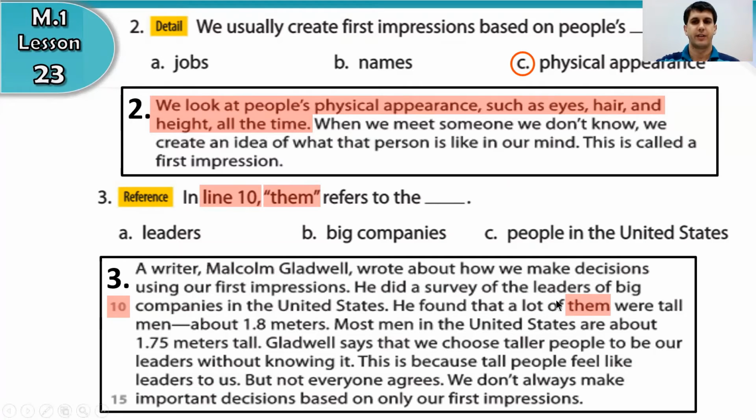Here it is in line 10. Read this sentence. He did a survey of the leaders of big companies in the United States. He found that a lot of them were tall men. So them refers to leaders. A. So sometimes when you want to know the answer, you have to go back to the sentence before. Okay.